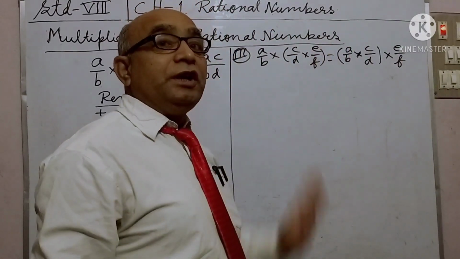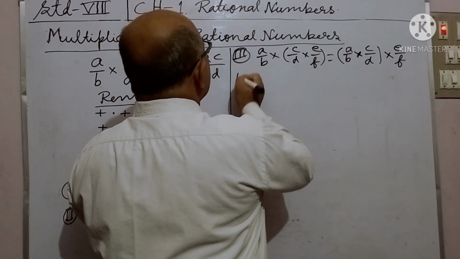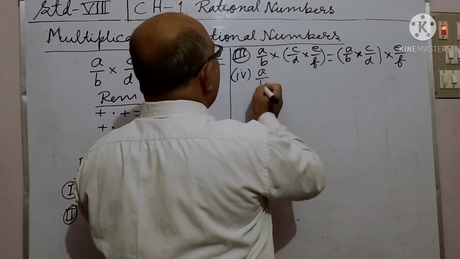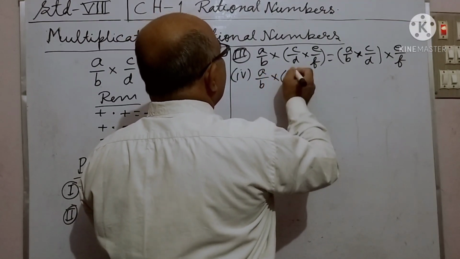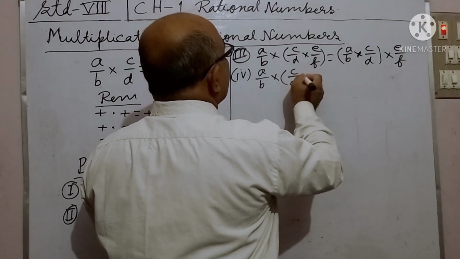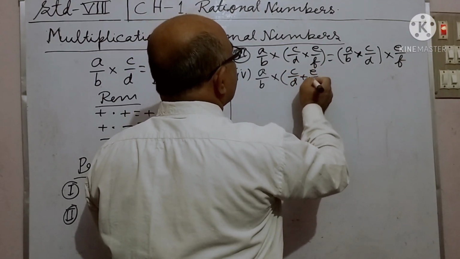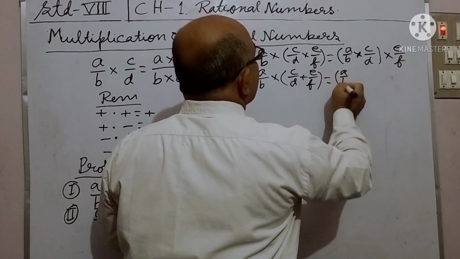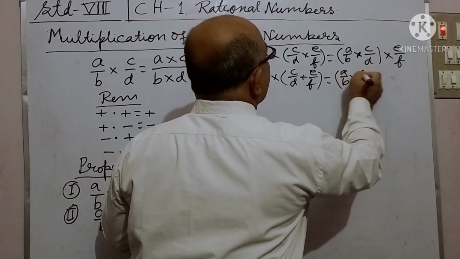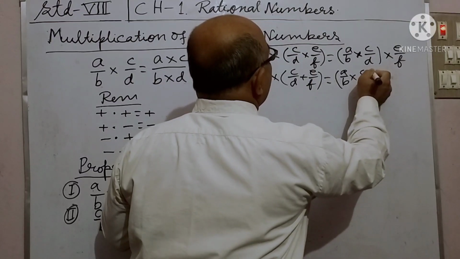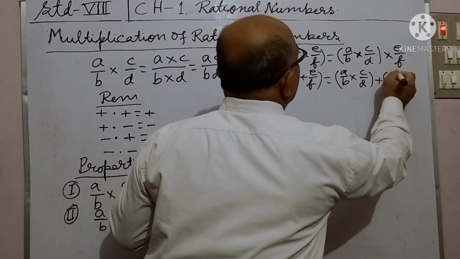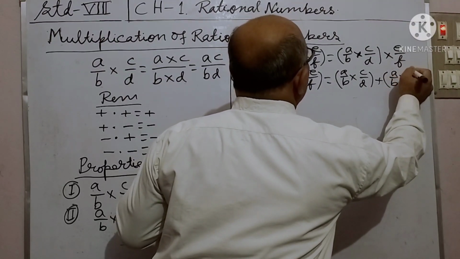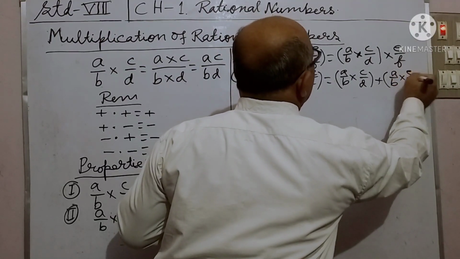It is the associative law. And fourth is the distributive law over addition: a by b into c by d plus e by f means a by b into c by d plus a by b into e by f.